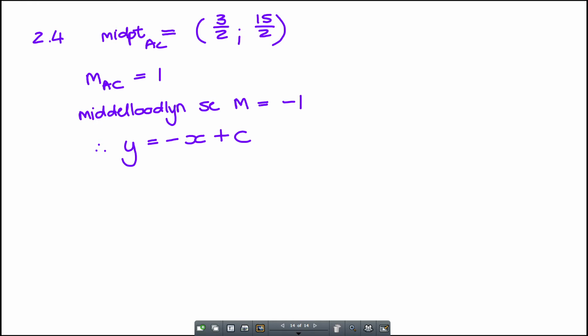Okay, now I need to go and substitute in a point. Nou, ons het mos nou uitgewerk daai middelpunt. So hy lê op daai skets, né? So kom ons gaan stel in. This one.